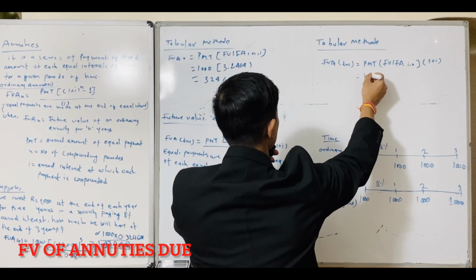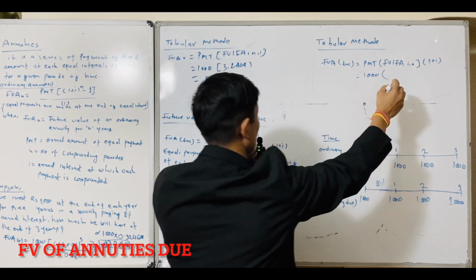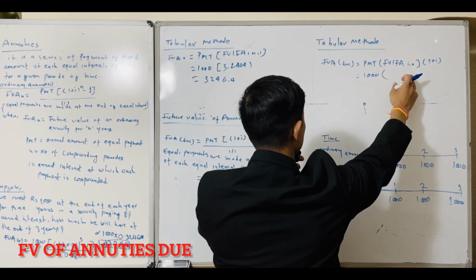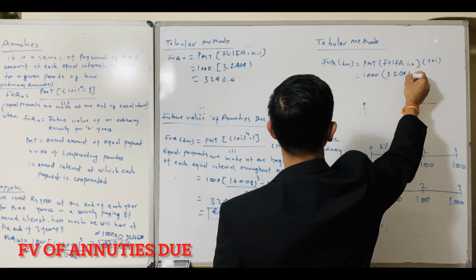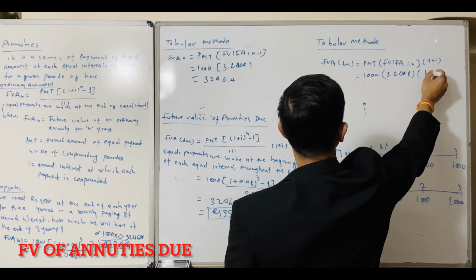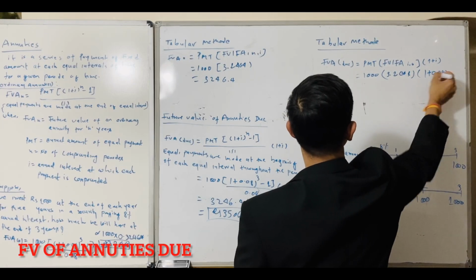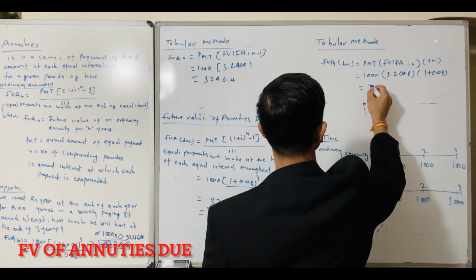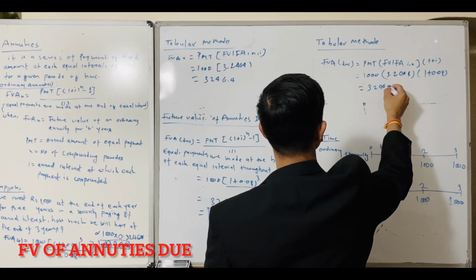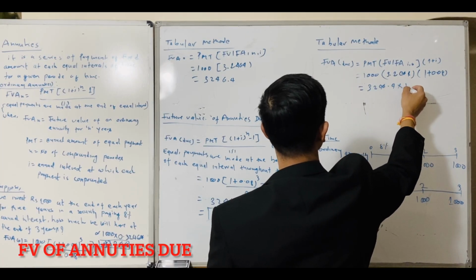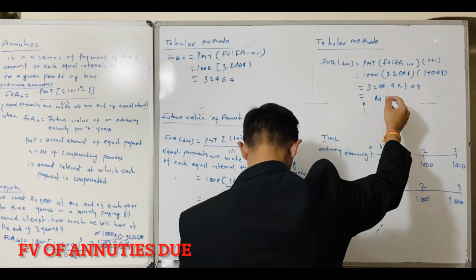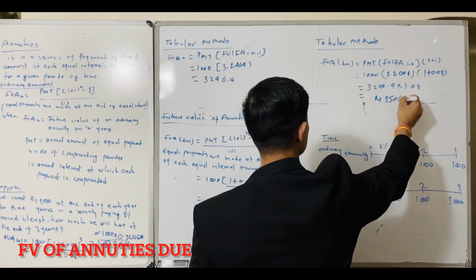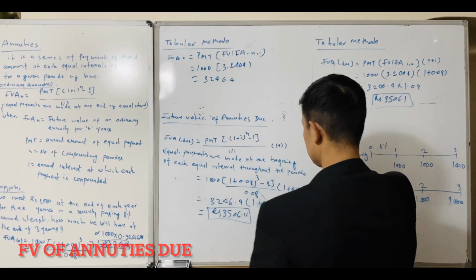The payment is 1000, future value interest factor of annuity due is 3.2464 and 1 plus 0.08. In this way, 3.2464 multiplied by 1.08 gives 3506.1 rupees, the same as this value.